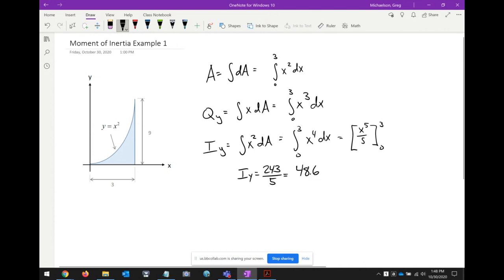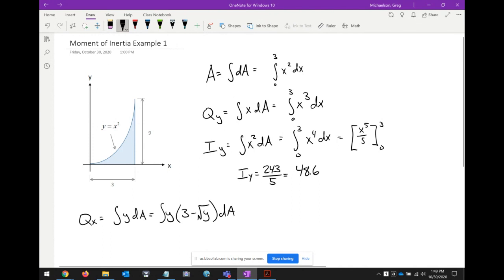Now, if you compare that to the moment of inertia about the x-axis, how are we going to do that? Maybe I should rewind a bit. We had done a Qx, and that was the integral of y dA. The way we had to do that is we took the integral of y times 3 minus the square root of y dA. Remember that?